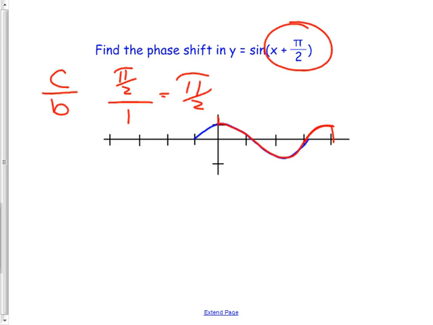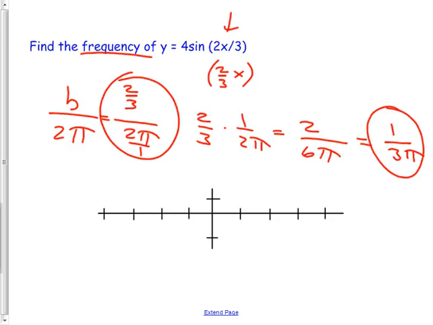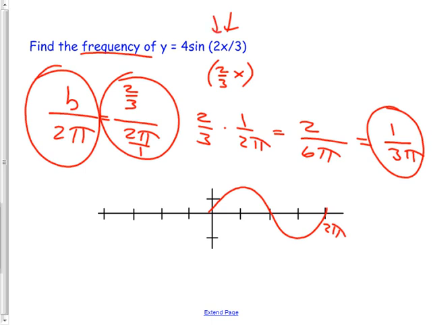This one. Nope. The frequency is b over 2 pi. You don't have just a number that tells you the frequency. The frequency is based on 2 pi because the whole thing has to get over with normally by here, which is 2 pi. But if you're doing something on the inside, you're stretching it left, right, and you're messing with that.